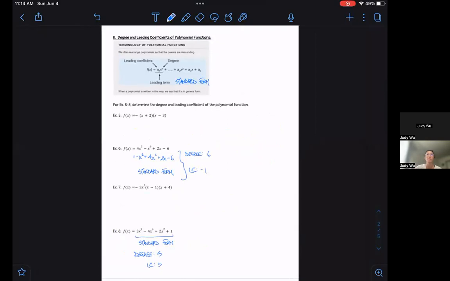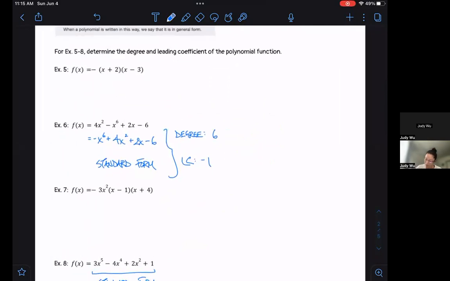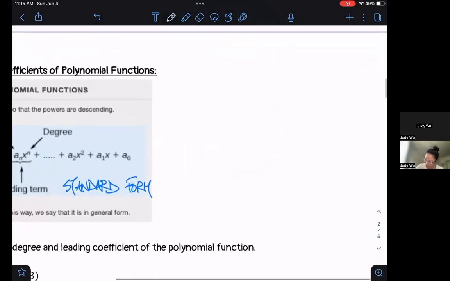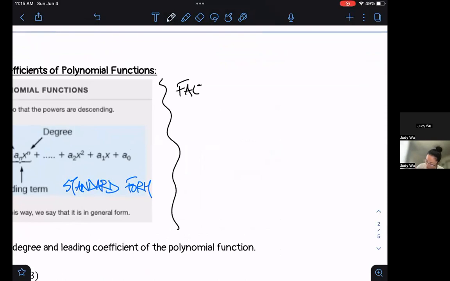Okay. Now, when we have something that looks like example 5 and 7, okay, that's not called standard form, but rather we call that factored form, okay? And so right here next to this, we're going to talk about factored form.